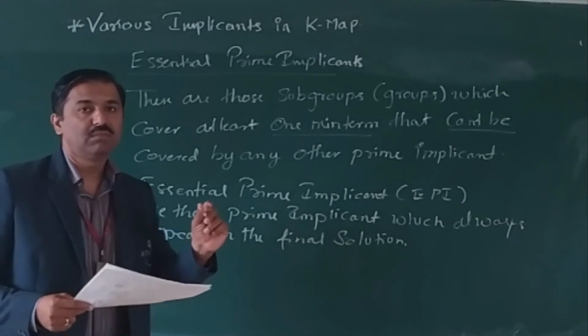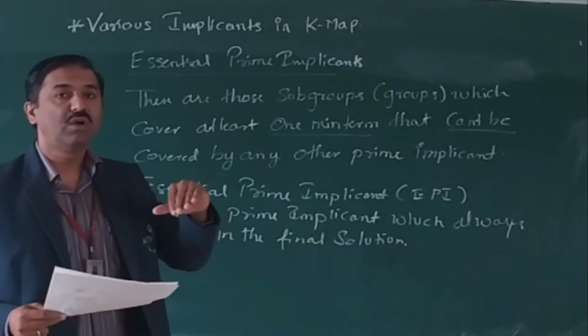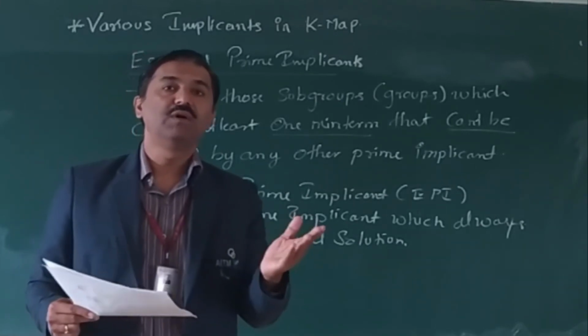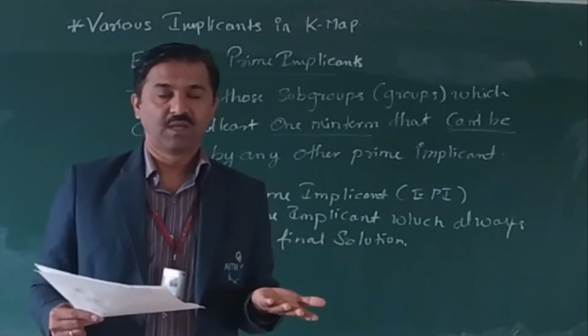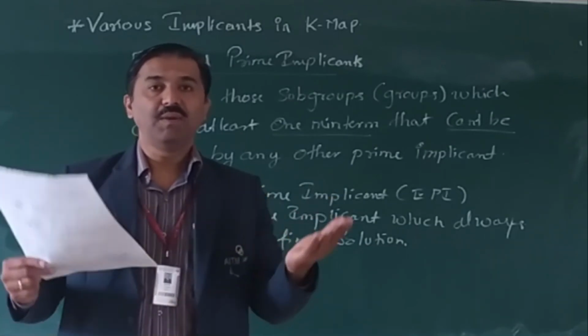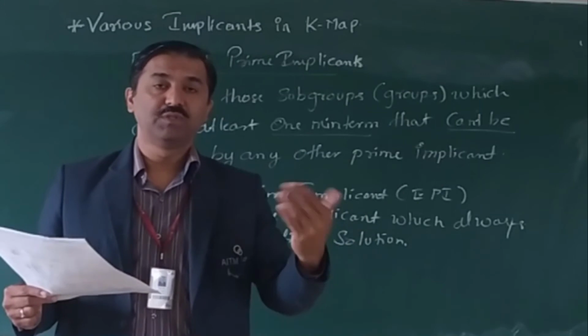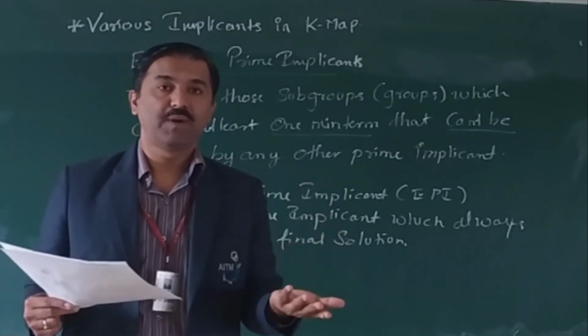So the min term is not going to be covered by any other prime implicant. It should not be covered in more than one group. It can be a part of one group, but it should not be a part of more than one group, like 2 or 3 groups.